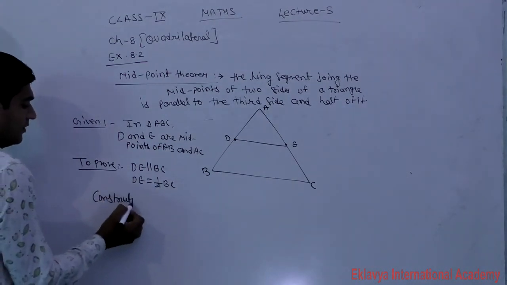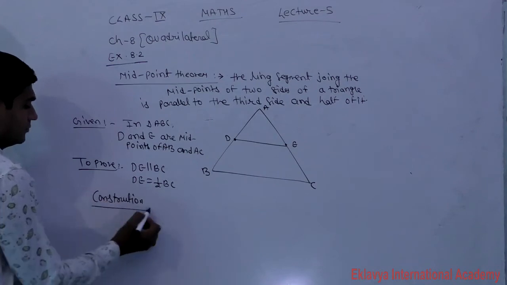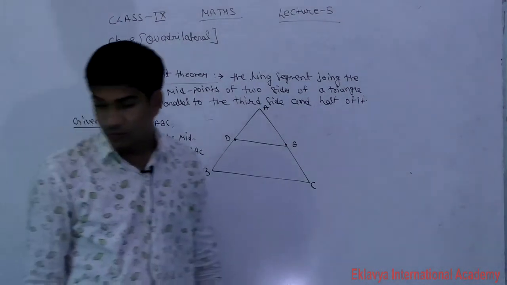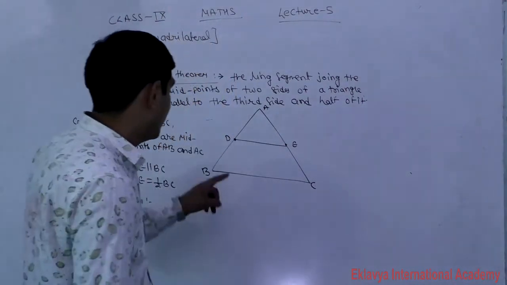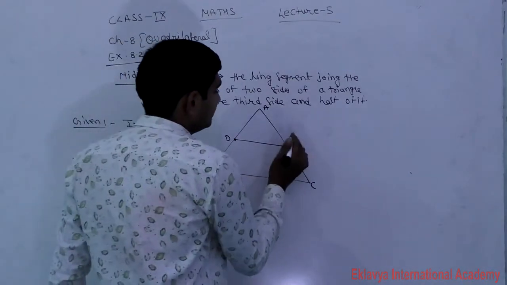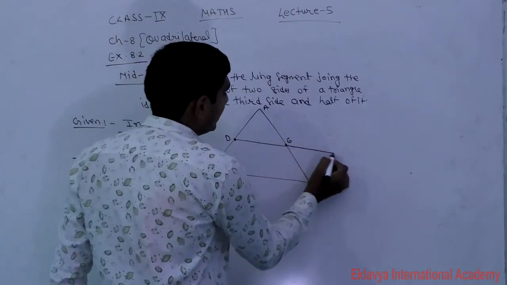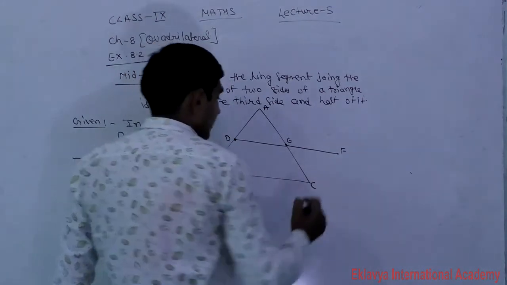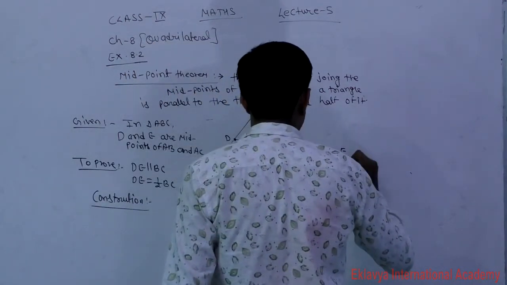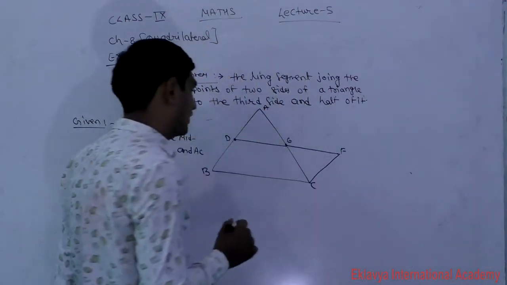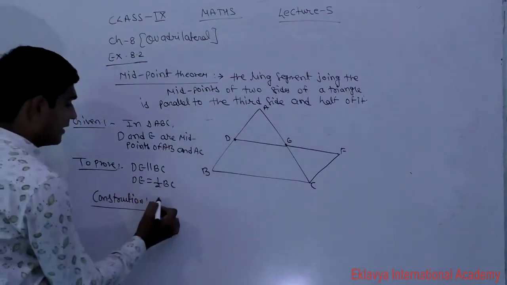Now construction. In construction what we will do here? We will extend DE up to F and join C to F, which is parallel to that one. So construction में क्या किया है?